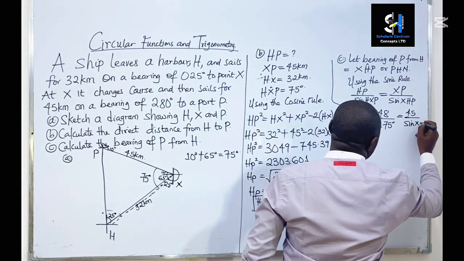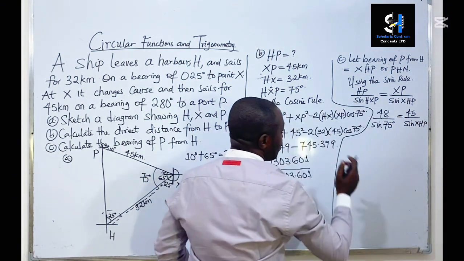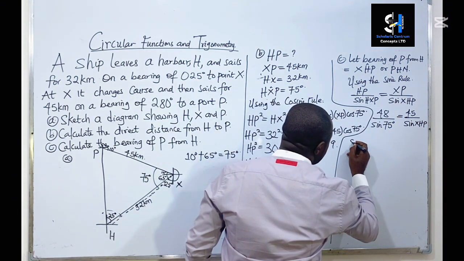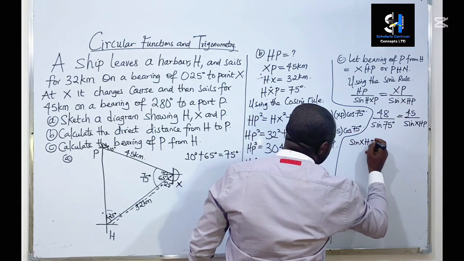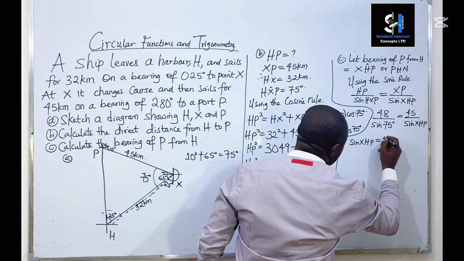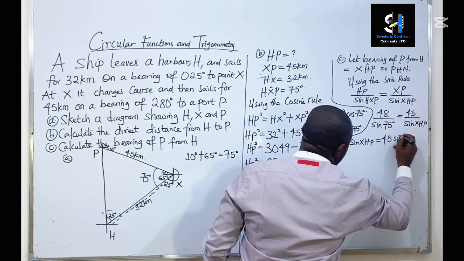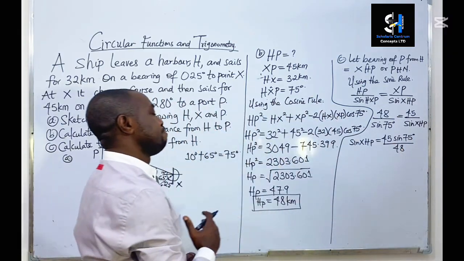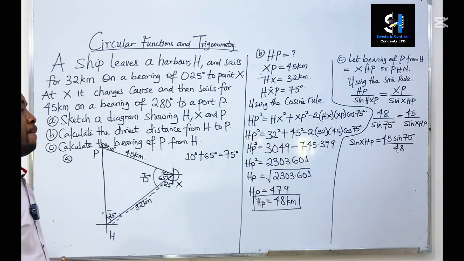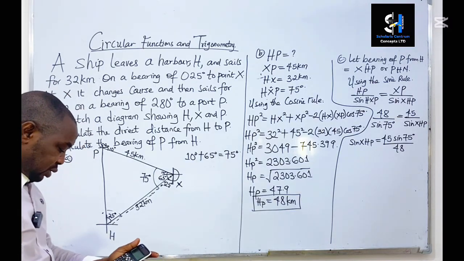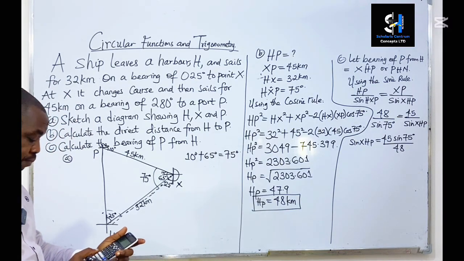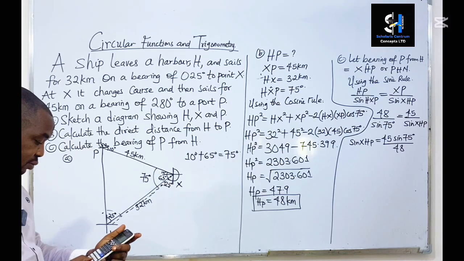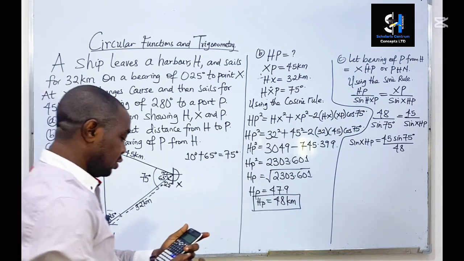So let's cross multiply. In this case, sine XHP will be equal to 45 sine 75 degrees over 48. So 45 sine 75 degrees is 43.47.